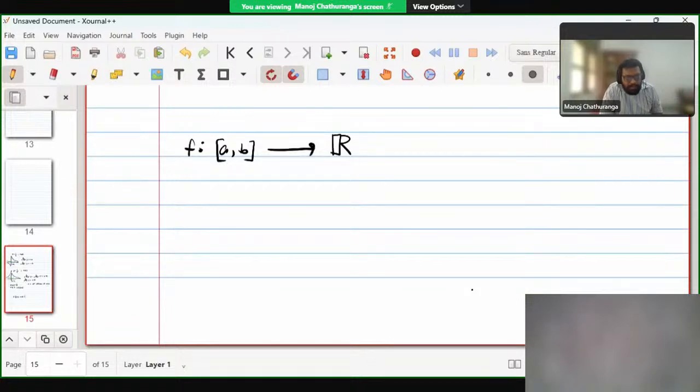So this is the domain. I hope you remember this notation. This is the domain, and this is the range. This boldface are real numbers.